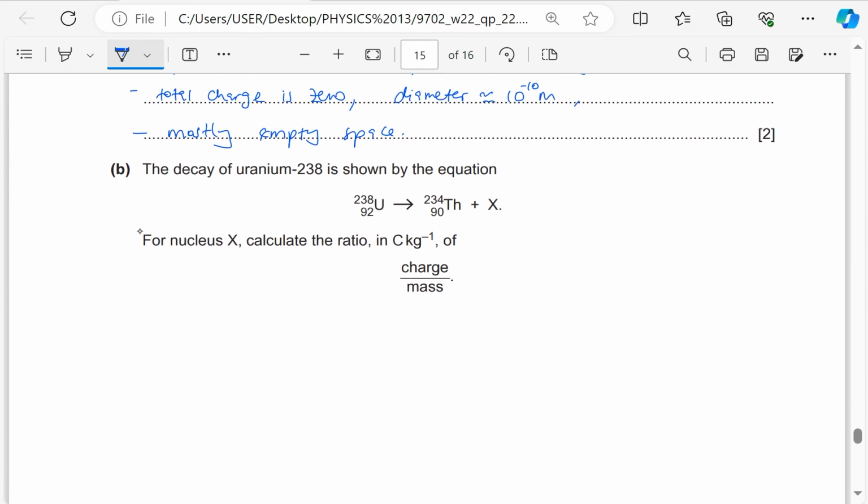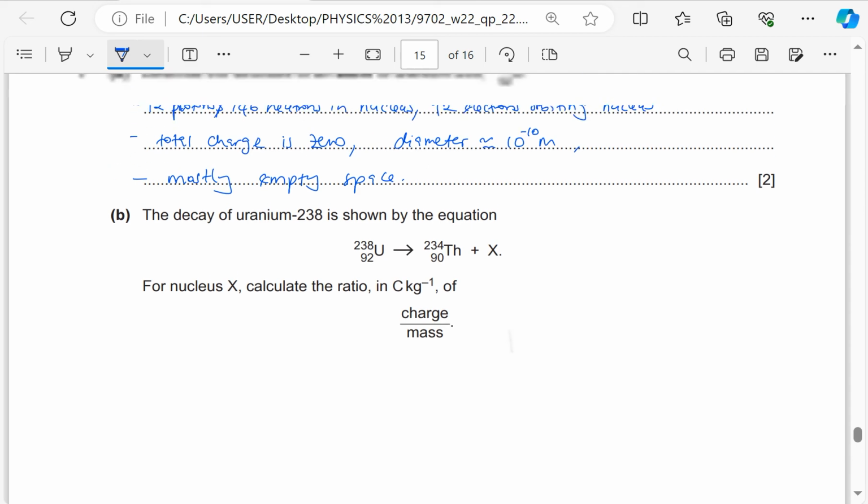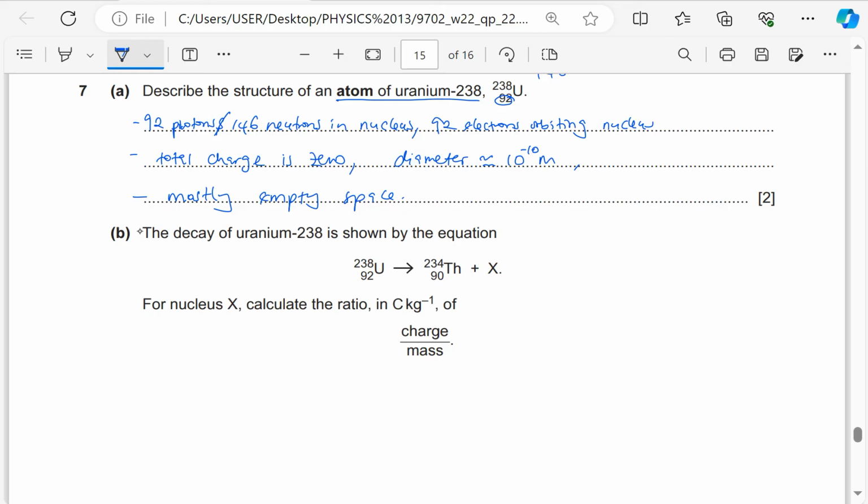Then the decay of uranium-238 is shown by this equation. For nucleus X, calculate the ratio in coulombs per kilogram of charge over mass. So when we balance this equation, this will be 2 and this will be 4.